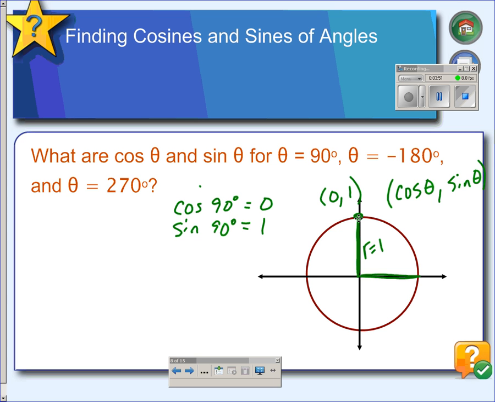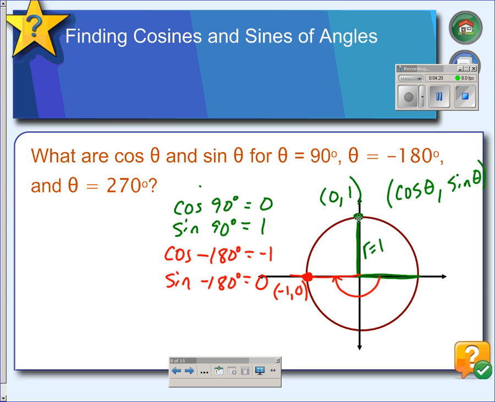If we do negative 180 degrees, that's going to be coming around here. There's our terminal side. The coordinate at this point is negative 1, 0. So the cosine of negative 180 is the x value, negative 1, and the sine of negative 180 is the y value, 0.